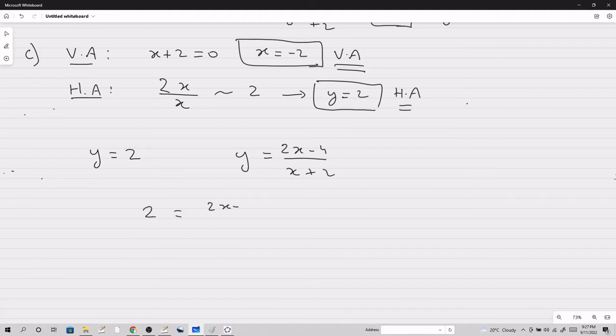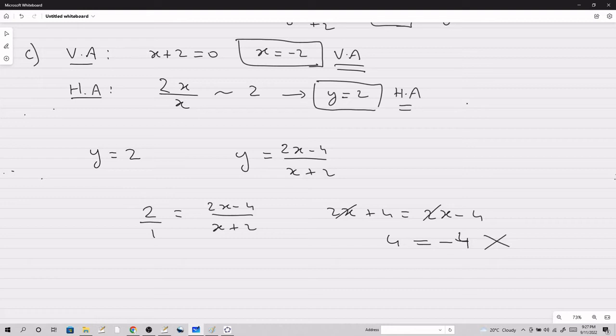Cross multiplying with x + 2, that will give me 2x + 4 equal to 2x - 4. So the 2x on both sides will go, and then I have 4 equal to -4. No. So there is no intersection between the graph of the function and the horizontal asymptote.